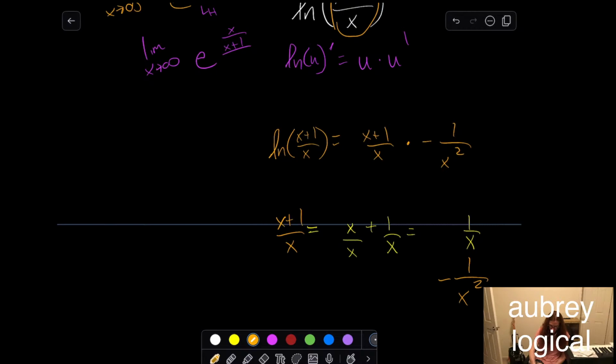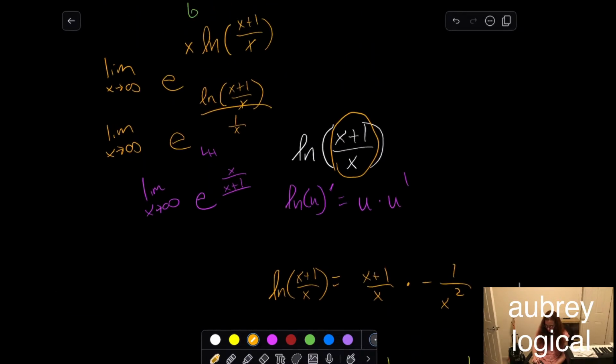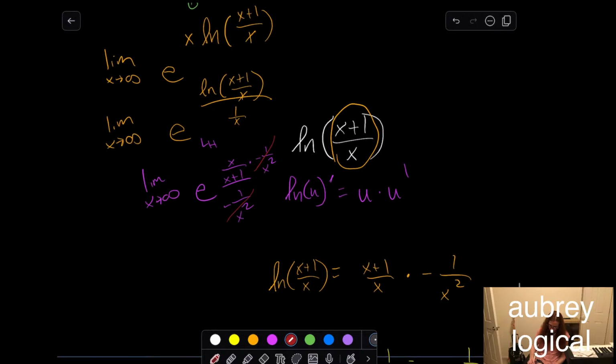Okay. Perfect. So let's go back to here. This is going to be negative 1 over x squared. And then the derivative of that is going to be equal to negative 1 over x squared. And so those two are going to cancel.